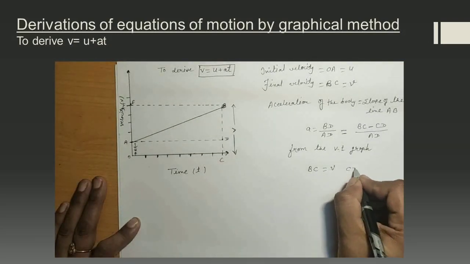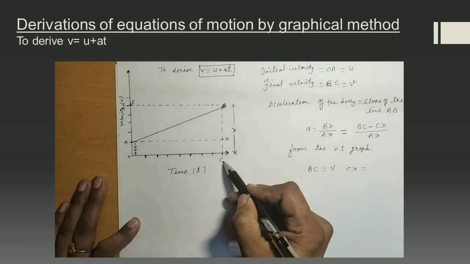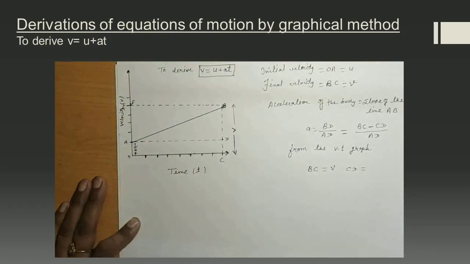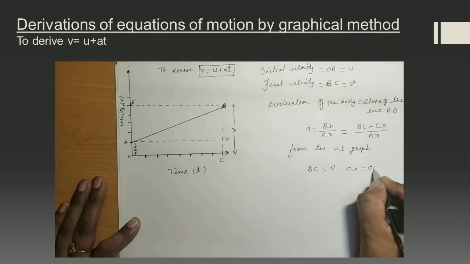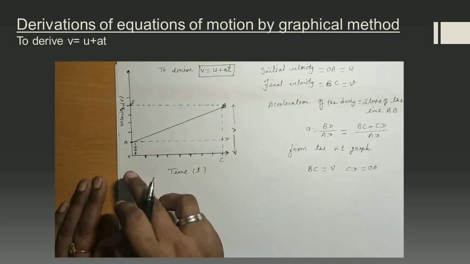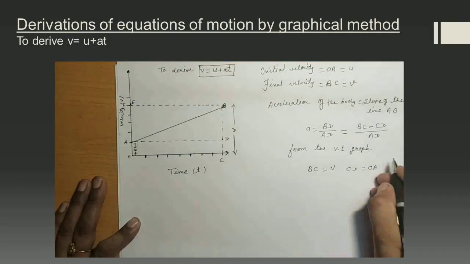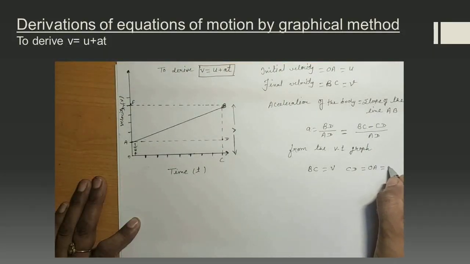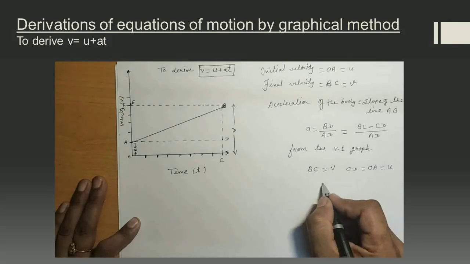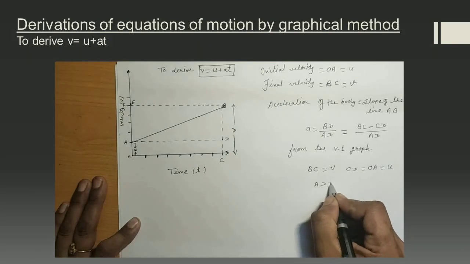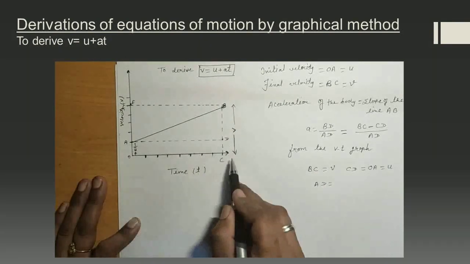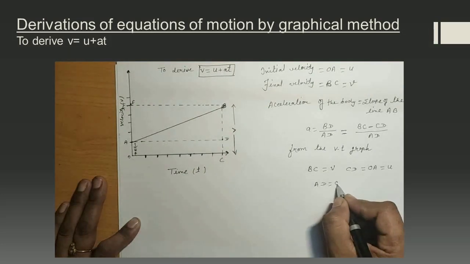What is the value of CD? CD will be equal to OA because it is a rectangle, and in a rectangle the opposite sides are equal and parallel. So OA is equal to u and AD is equal to OC.